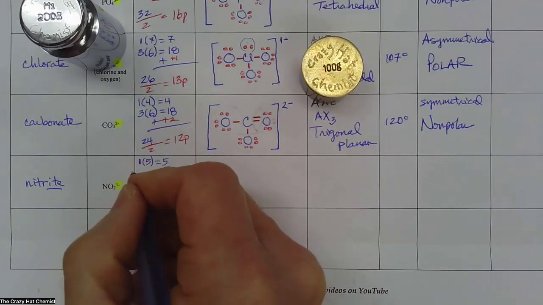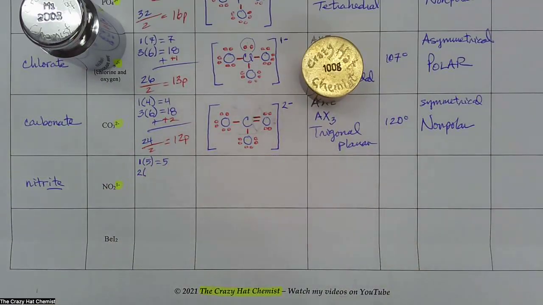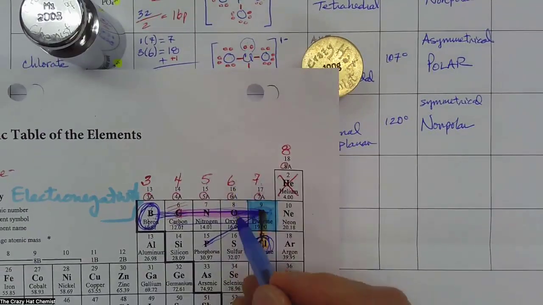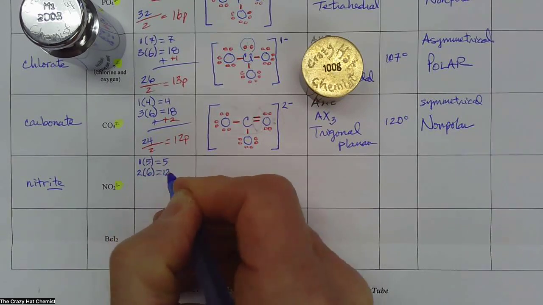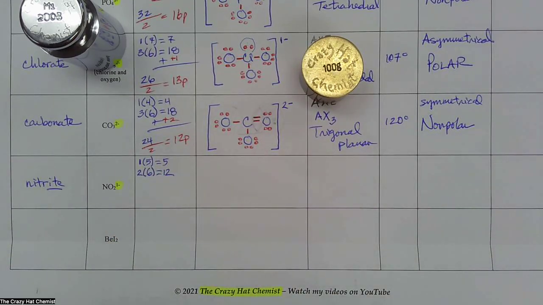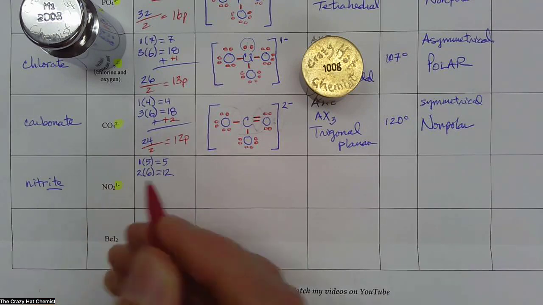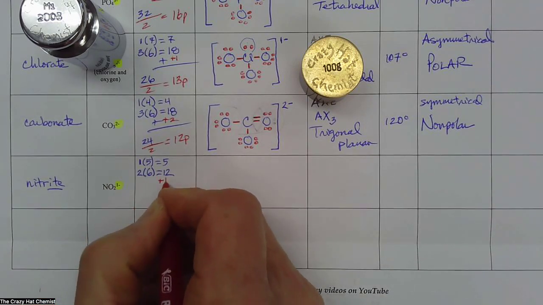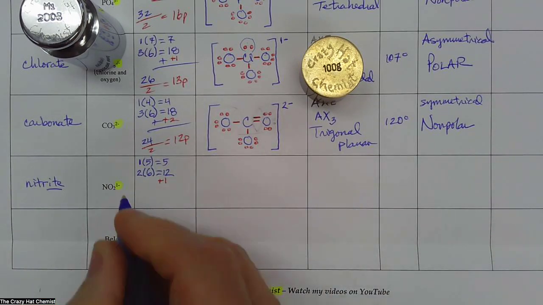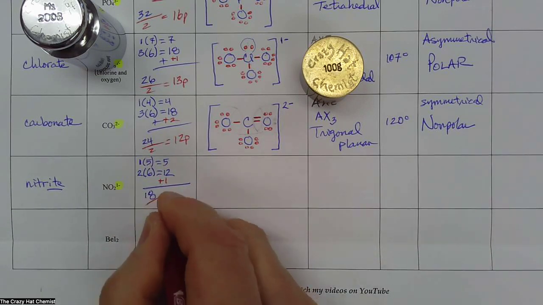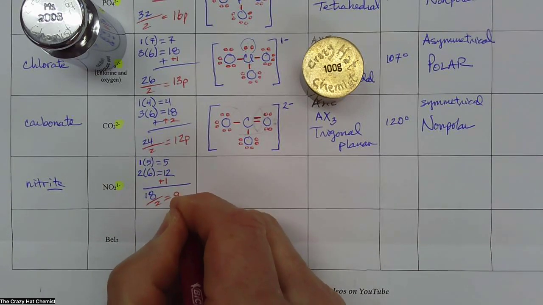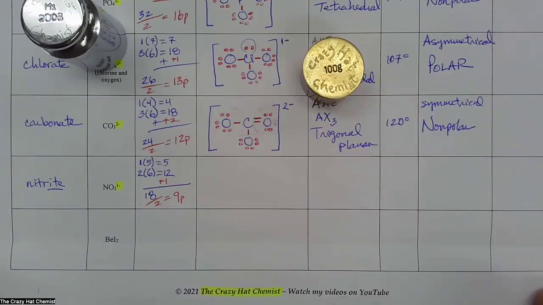How many oxygens? That's 2. How many valence electrons in oxygen? 6. That's 12. And then, of course, I've already highlighted it for you, but there's a 1 minus charge. So we're going to add 1 to that right there. So that would be 18 total electrons. And of course, we always divide by 2. That's 9 pair that we're going to be dealing with.